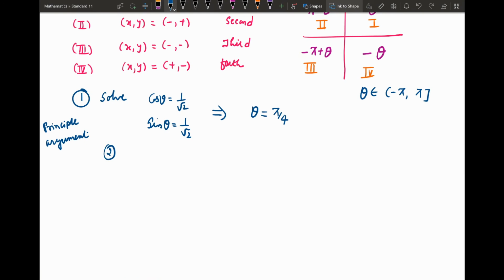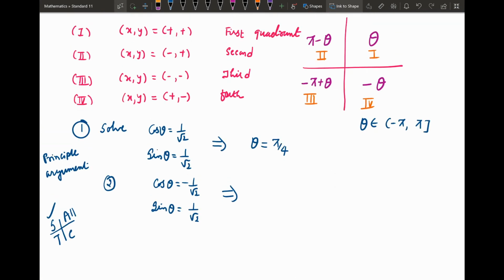Second example: suppose cos theta is minus 1 upon root 2, sin theta is 1 upon root 2. Cos is negative, sin is positive, so according to ASTC it is the second quadrant, and we have to follow pi minus theta.